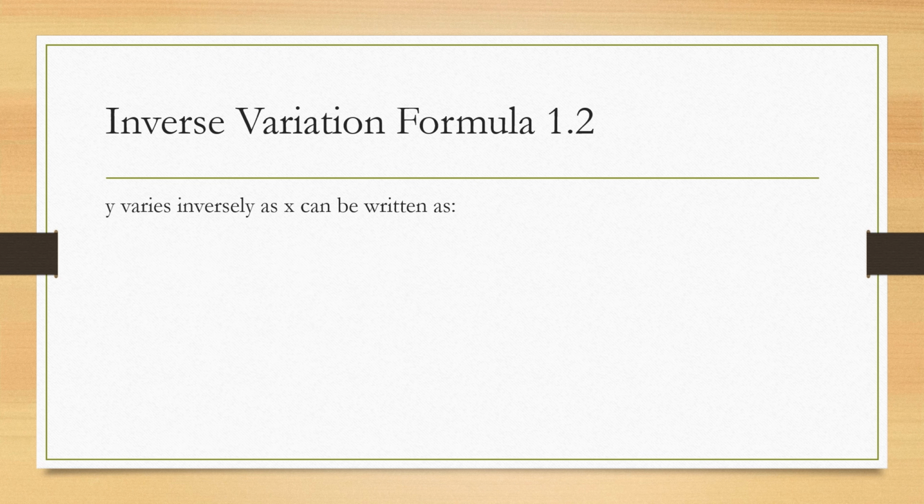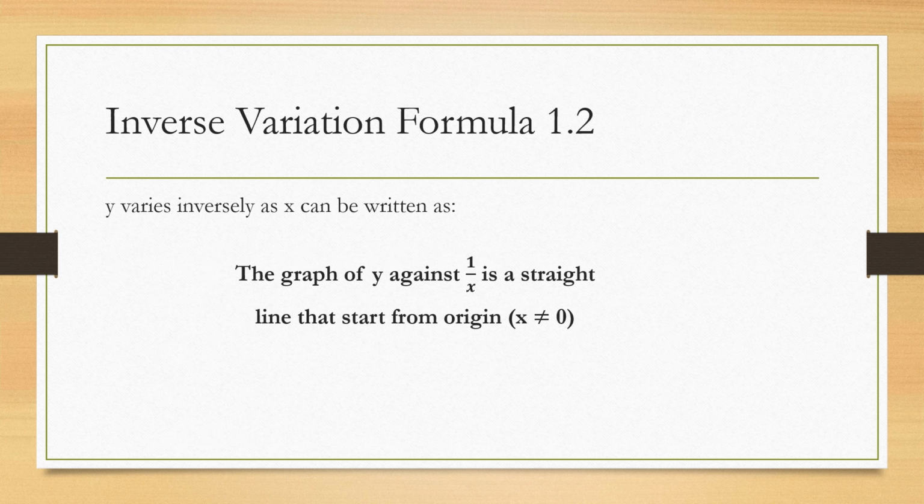Y varies inversely as x can also be written this way. The graph of y against 1/x is a straight line that starts from the origin, and x must not be 0. If the equation is like this, then it will have a straight line, with origin, y and 1/x, as you can see.